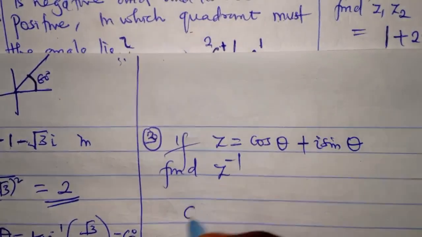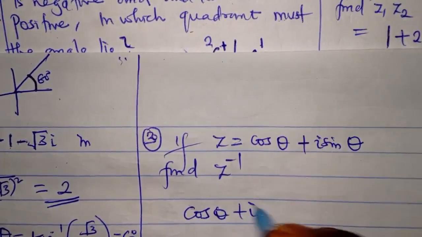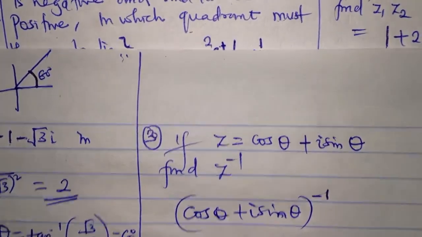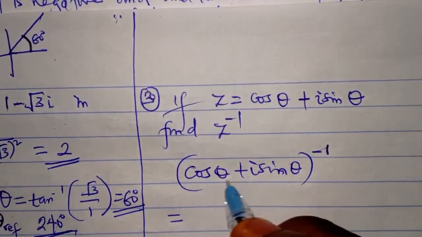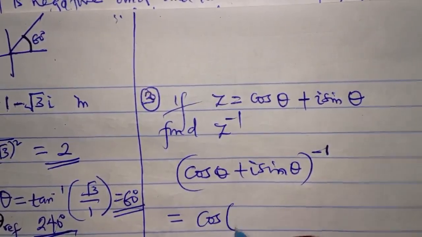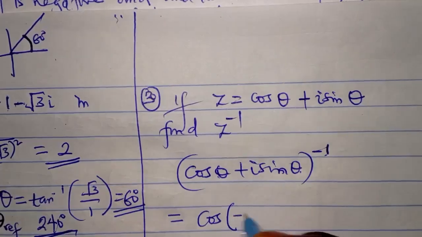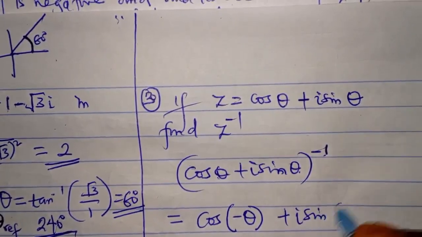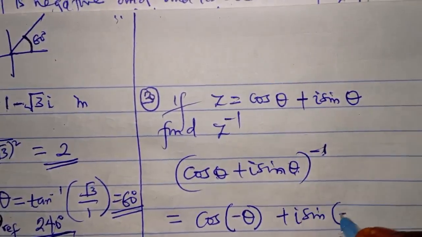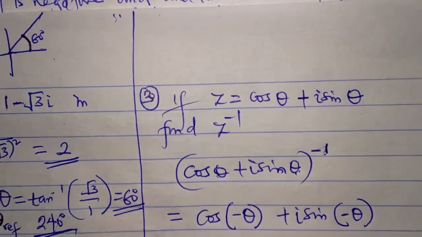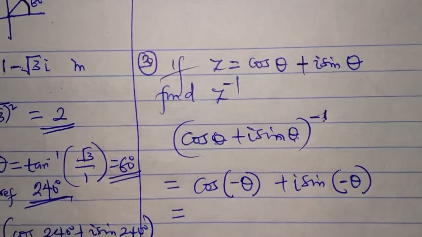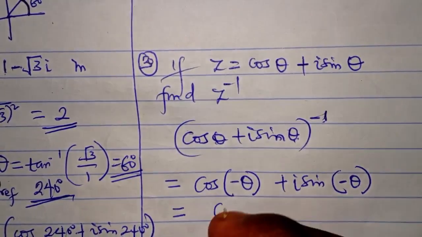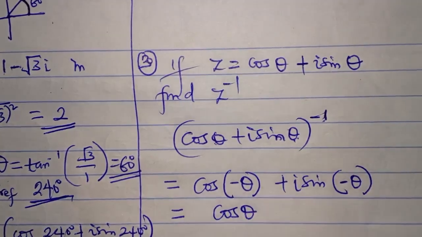If we have cos theta plus I sin theta all to the power of minus 1, it is simply equal to cos, the minus 1 will times each of the arguments, minus 1 times theta, which is minus theta, plus I sin minus 1 times theta, and that's still minus theta. And what is this equal to? Trigonometry says that cos minus theta is equal to cos theta. The minus will be swallowed up.